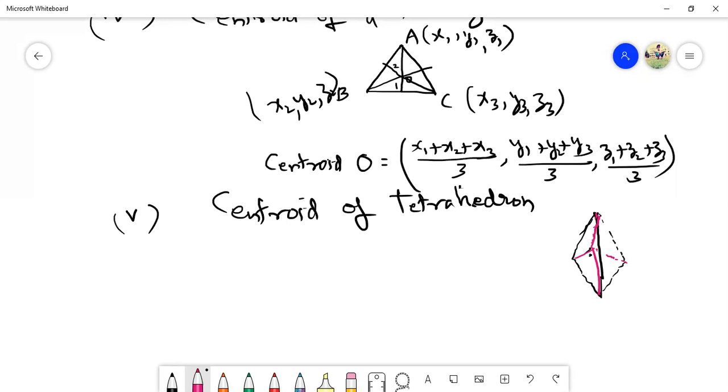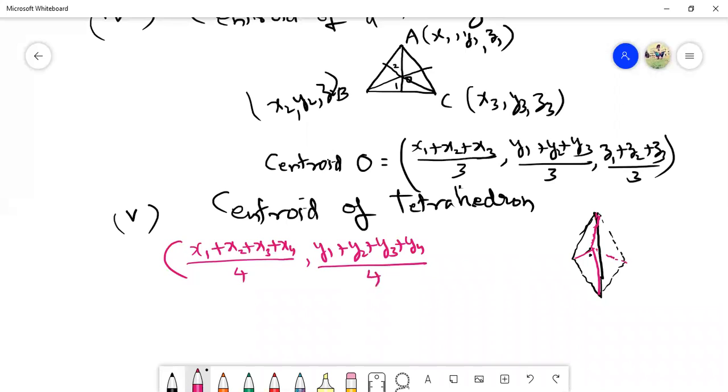In tetrahedron shape, if you want to find the centroid, you will have four coordinates, A, B, C, D. So its centroid will be equal to x1 plus x2 plus x3 plus x4 upon 4, y1 plus y2 plus y3 plus y4 upon 4, and z1 plus z2 plus z3 plus z4 by 4.